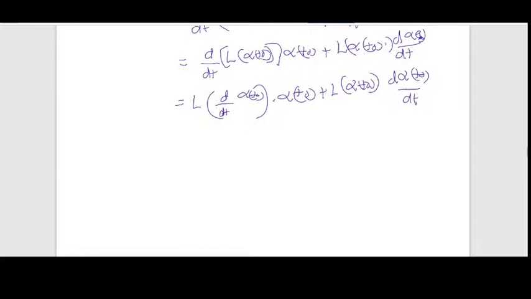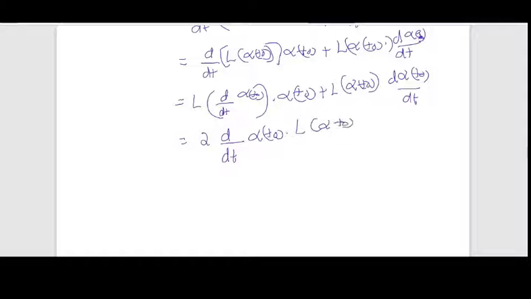So this is equal to 2 times d by dt of alpha of t naught dot L of alpha of t naught.